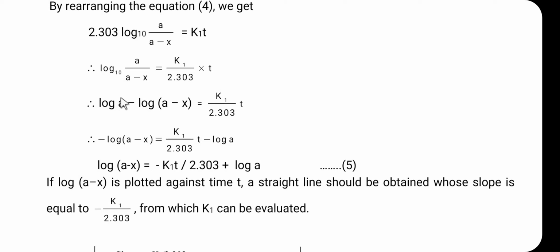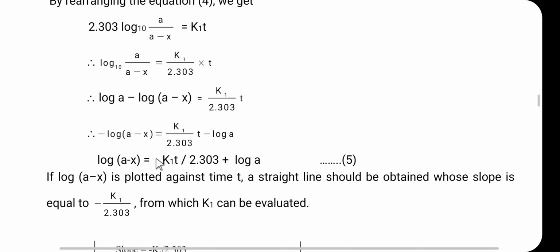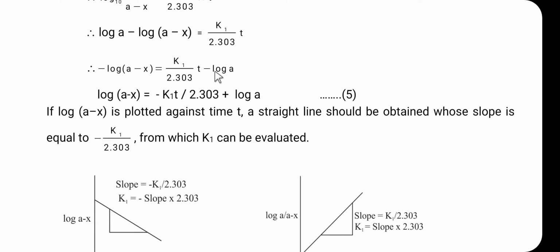So log of a minus x is equal to k1 upon 2.303 into t minus log a, and multiplying by minus 1 on both sides, we can write log a minus x is equal to minus k1 into t divided by 2.303, here minus minus is plus.